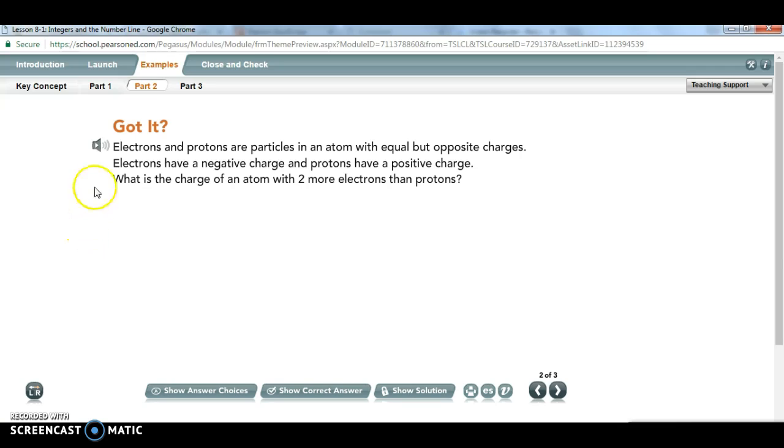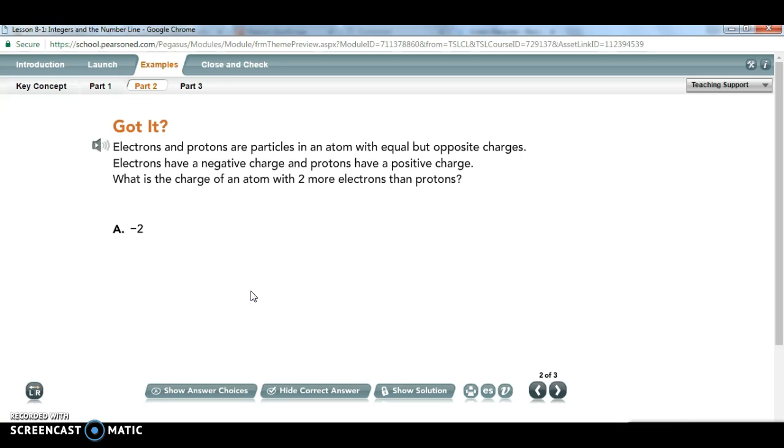Here's our part 2 got it problem. Electrons and protons are particles with equal but opposite charges. Electrons have a negative charge and protons have a positive charge. What is the charge of an atom with 2 more electrons than protons? The correct answer is -2.